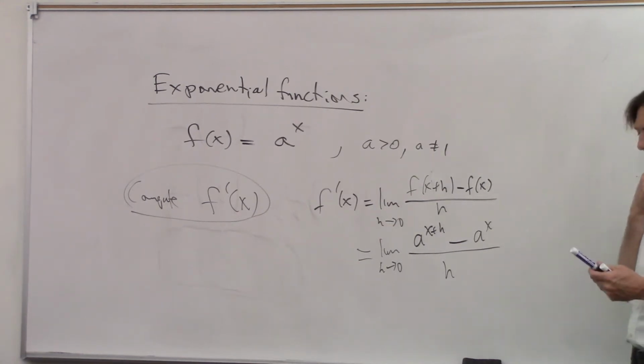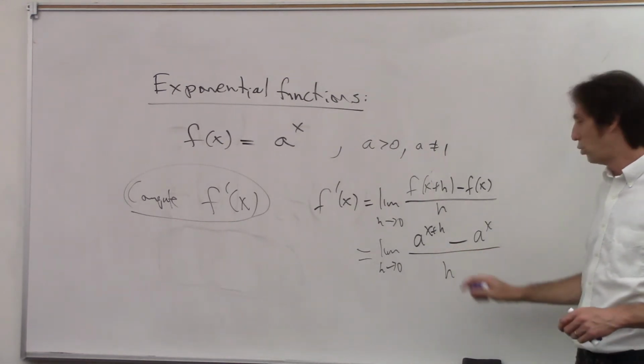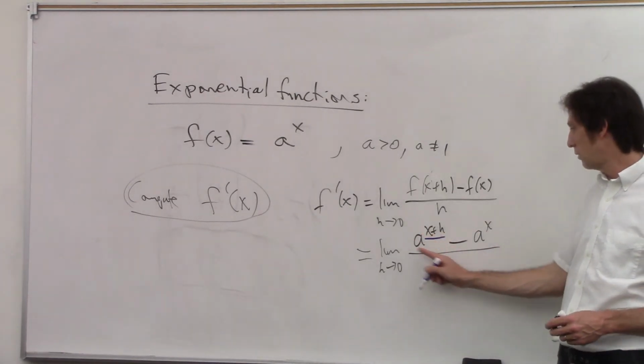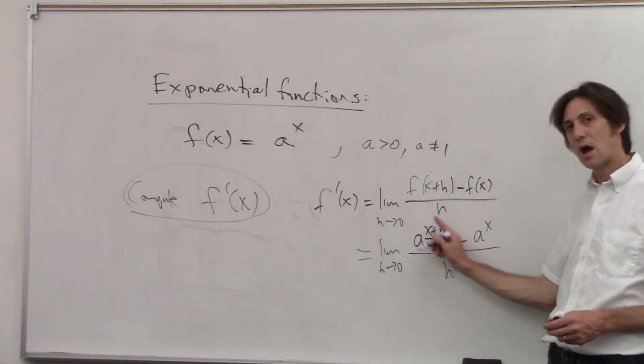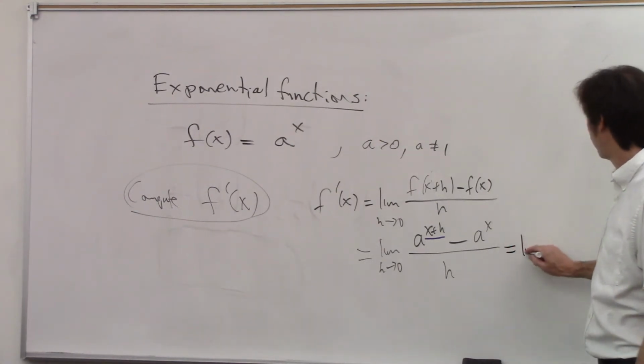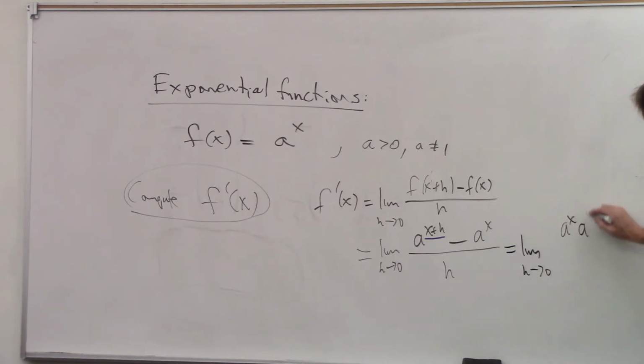But how can I simplify this? Well, the only thing that I can really do at this point is use my laws of exponents to rewrite that first term as a product of two different exponentials. In other words, this is the limit as h goes to 0 of a to the x times a to the h minus a to the x all over h.